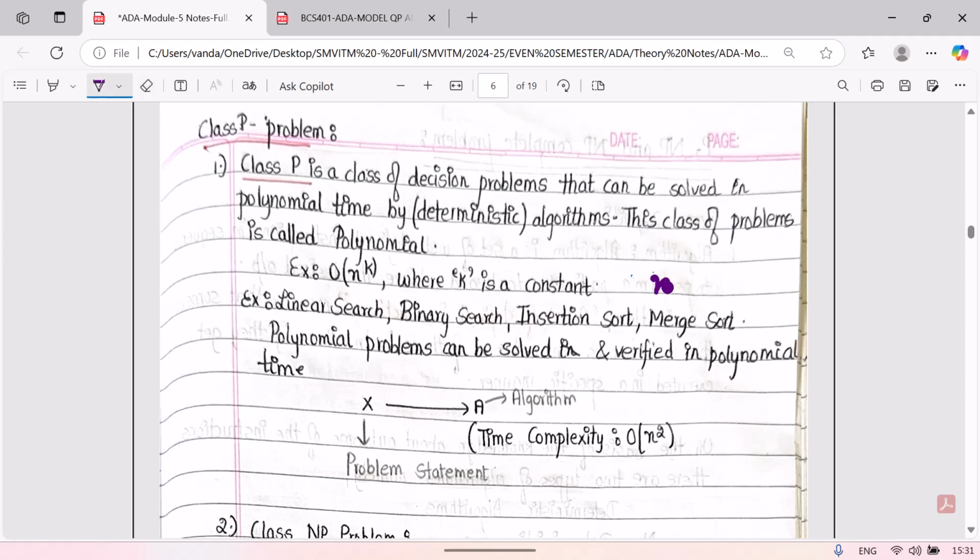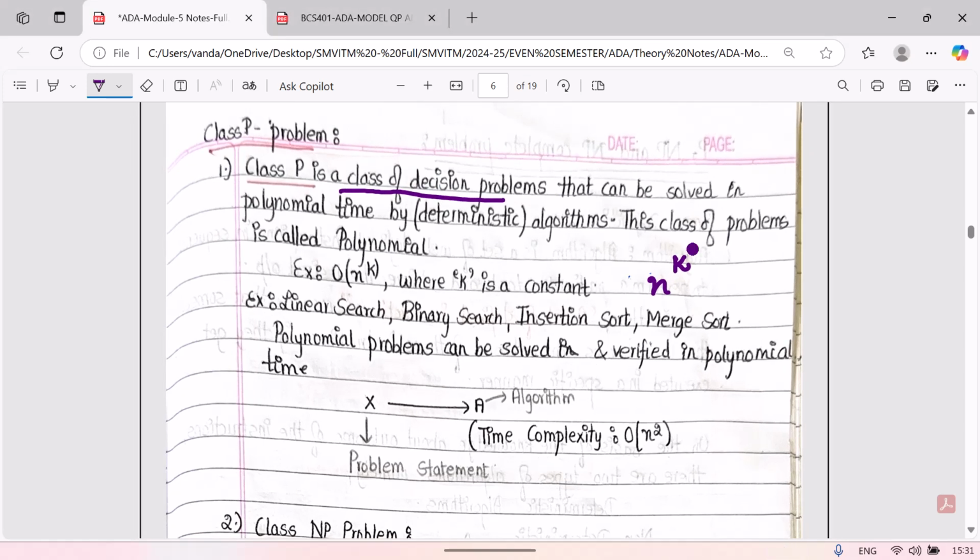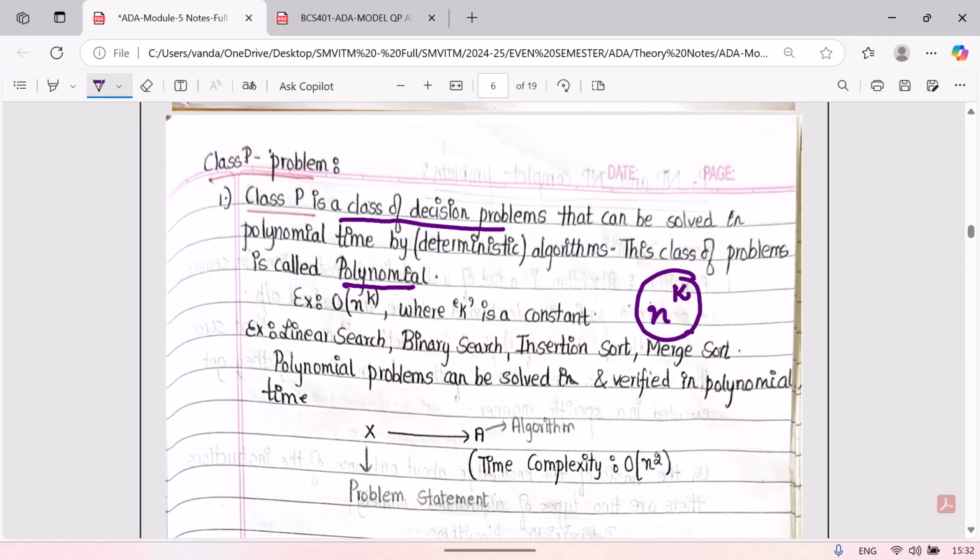That means it will be n, your input, to the power of some k. See the definition: it is a class of decision problems that can be solved in polynomial time. Polynomial time means n to the power of k. If there is an algorithm which can be solved in n to the power of k, those sets of problems come under P. Class P means polynomial problems. P stands for polynomial.